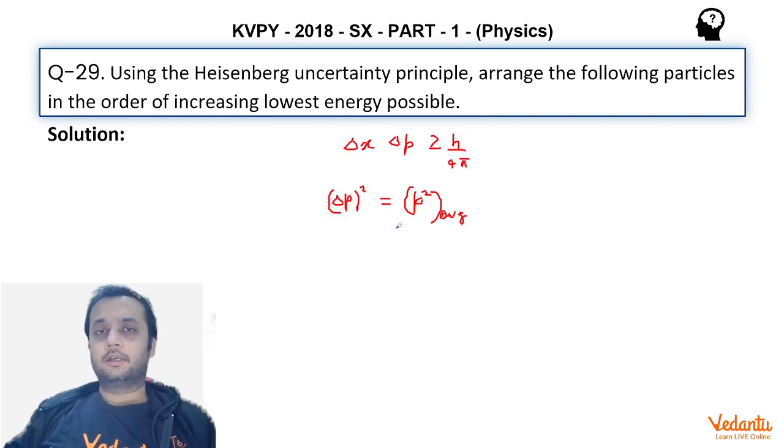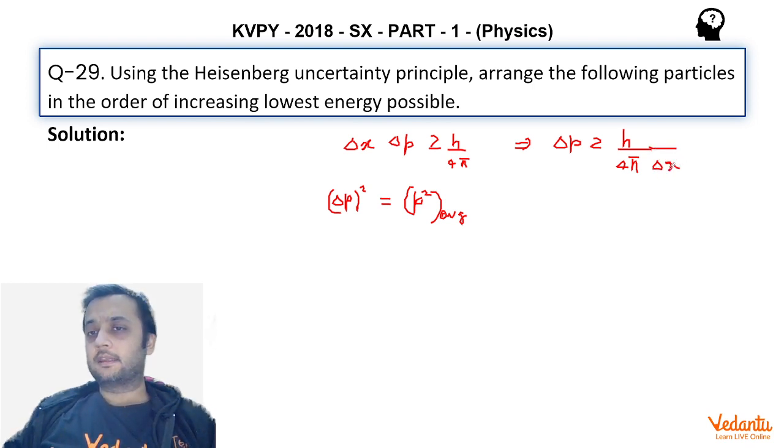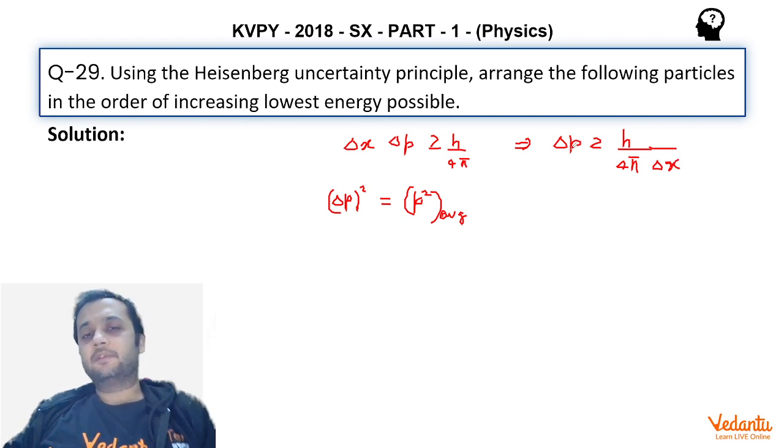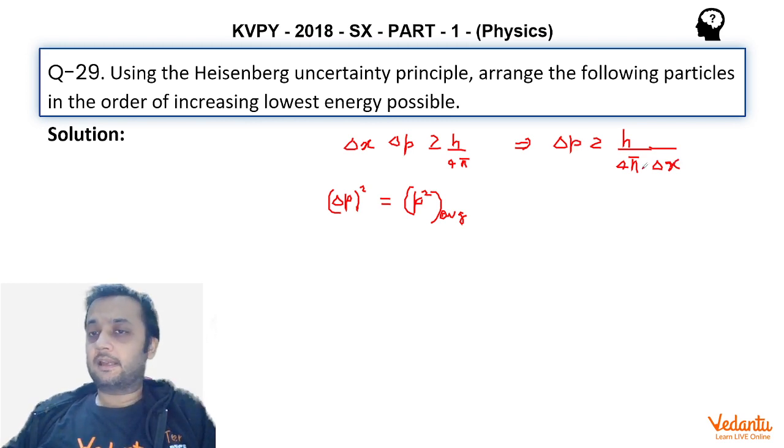From here we can say that delta p will be greater than h upon 4 pi into delta x. This simply means that if delta x is more, then delta p will be less, and if delta x is less, then delta p will be more.